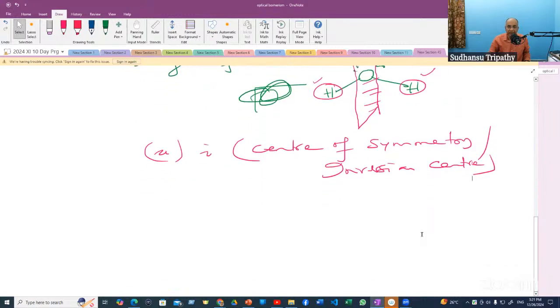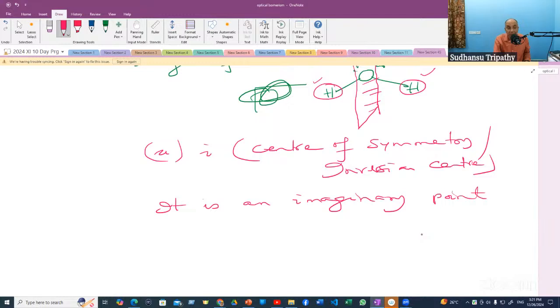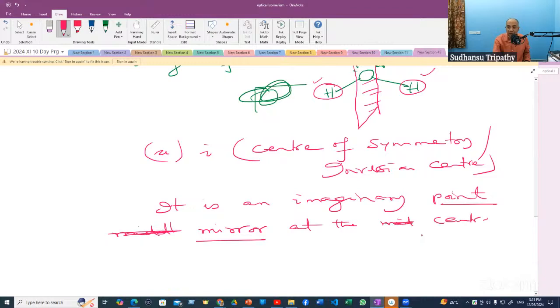It is an imaginary point mirror at the midpoint of the molecule, at the center of the molecule.